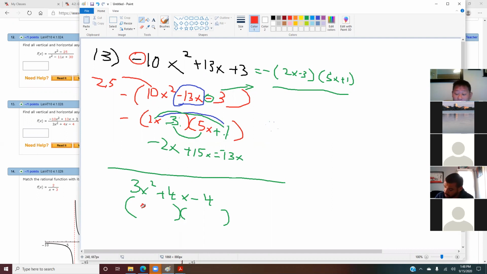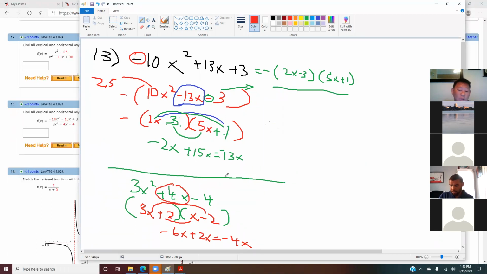Mike says 3x plus 2 and x minus 2. So let's check it. 3x times x is 3x squared. 2 times negative 2 is negative 4. That's correct, but we should check. 3x times negative 2 is negative 6x. 2 times x is positive 2x. Yes, this is wrong because you get only negative 4x, but I have to get a positive 4x.